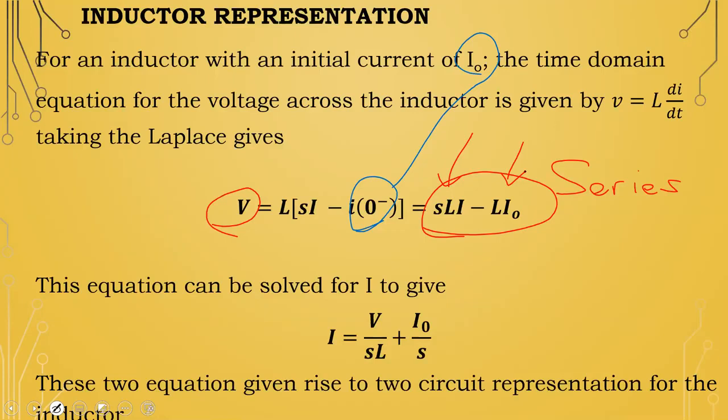Yes? And if we rearrange to make I, then of course each of these would represent a current. Right? So of course this would be a parallel representation.